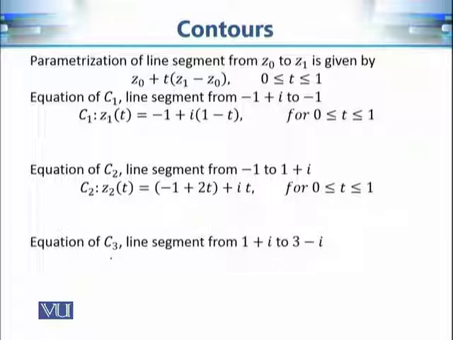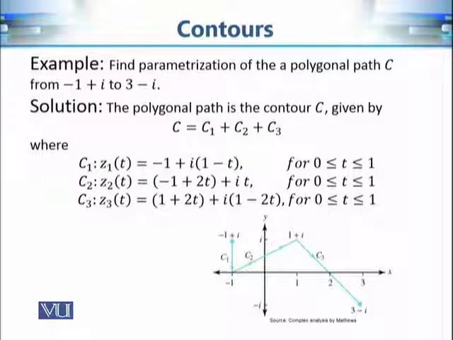And similarly in the third case, z0 is going to be 1 plus iota and z1 is going to be equal to 3 minus iota. Replacing these values in the standard formula for the equation of the line segment, we will get the equations of C1, C2 and C3 in the following way.